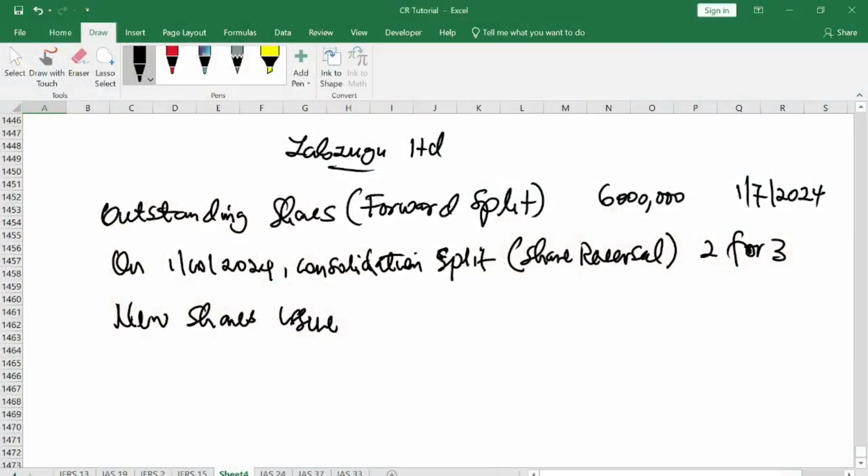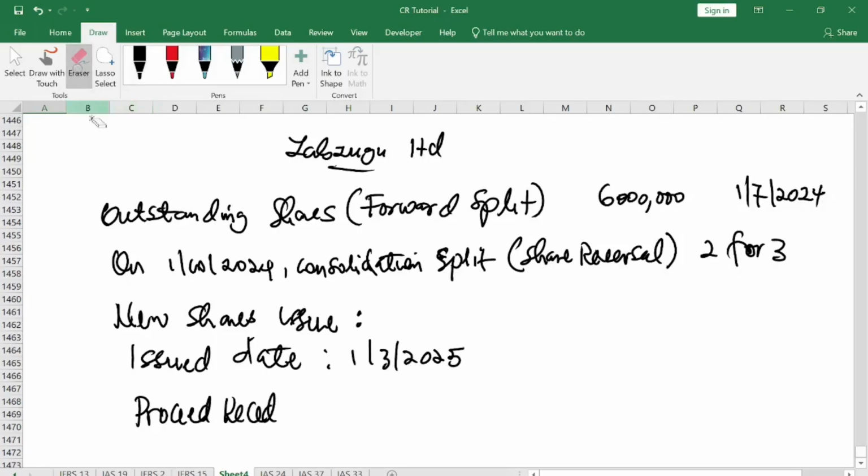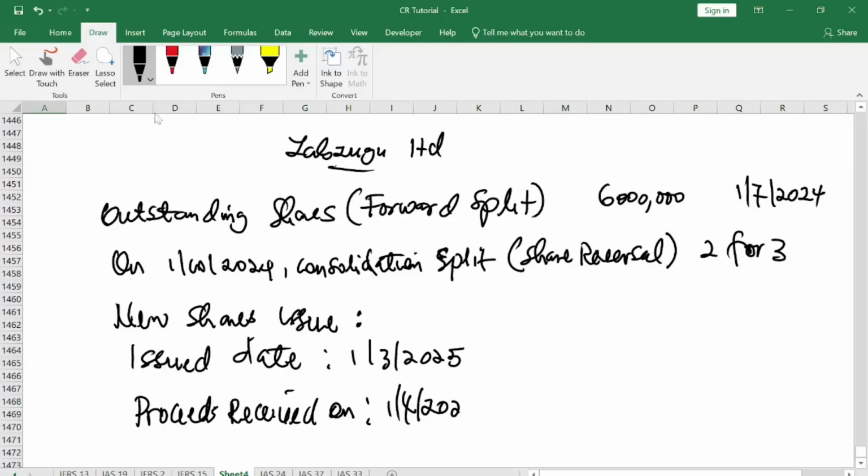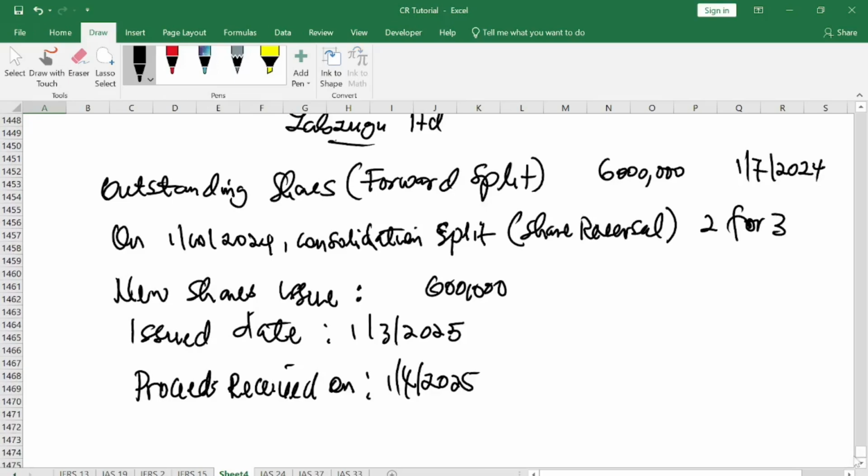So the issued date was 1st March 2025, and the proceeds received date was 1st April 2025. They issued 600,000 shares. If you are in this position, how do you solve this question?